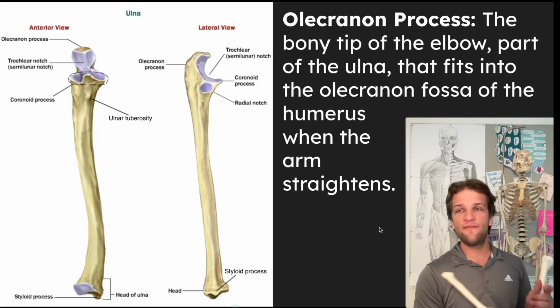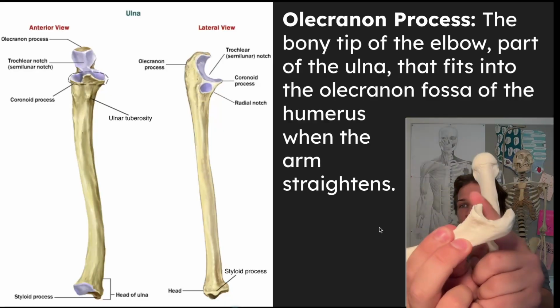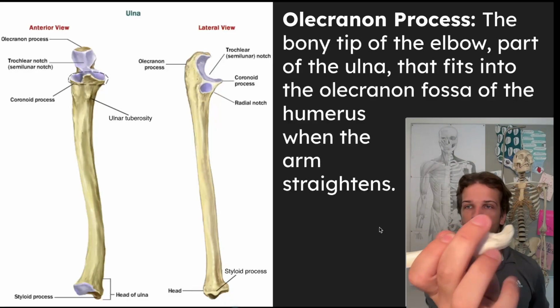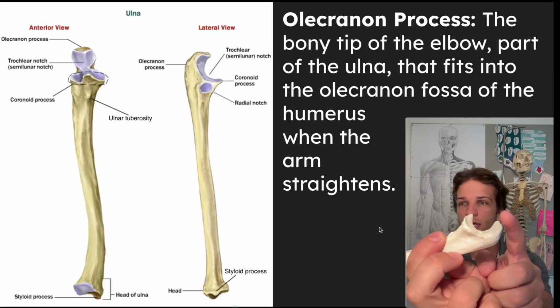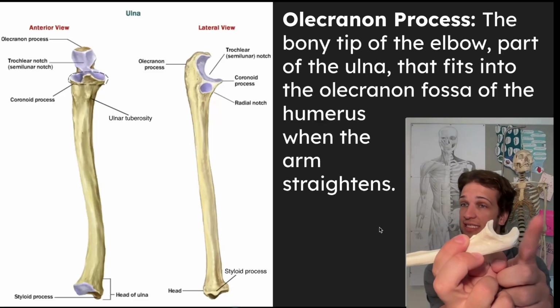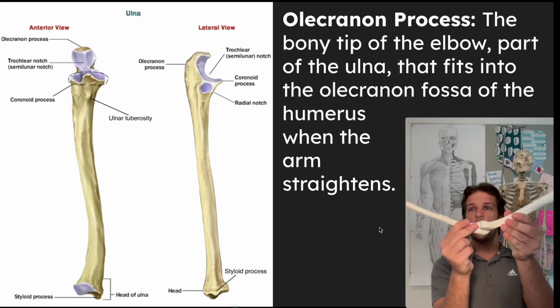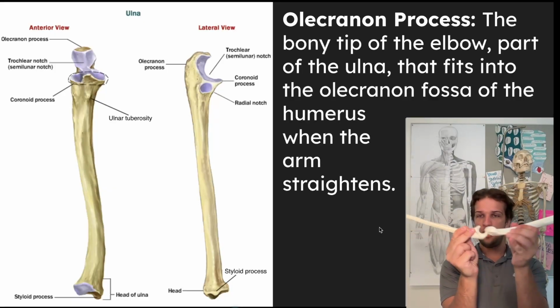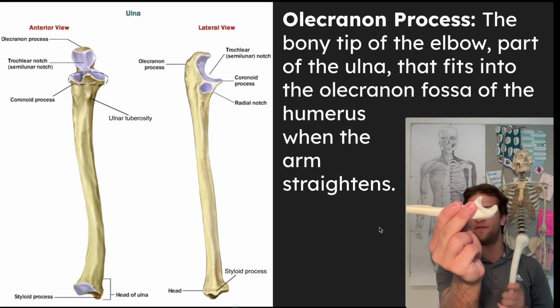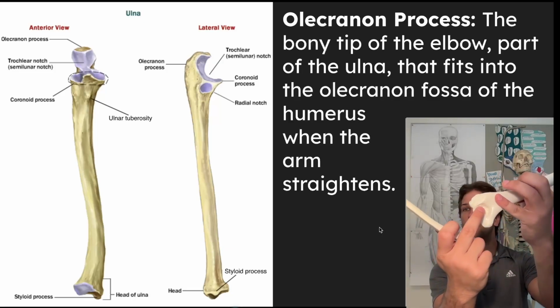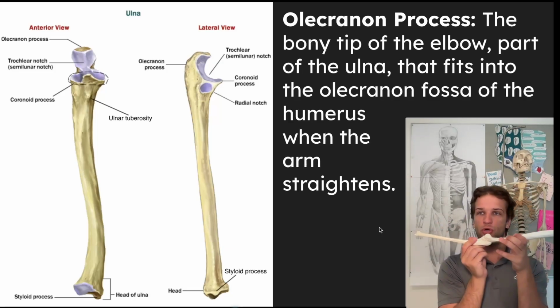On the inverse, where this is the coronoid, this section right here is the olecranon. This is the section I broke off when I broke my elbow. When you open your arm up, the olecranon process of the ulna fits into the olecranon fossa of the humerus.